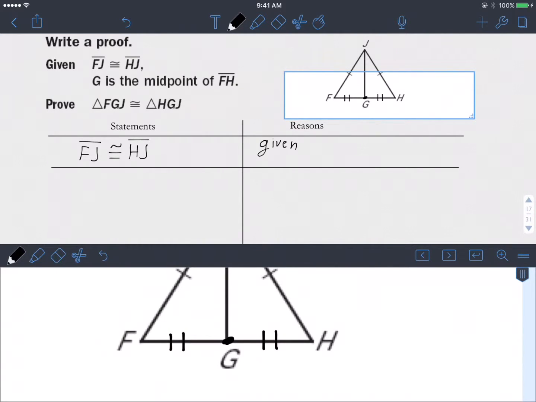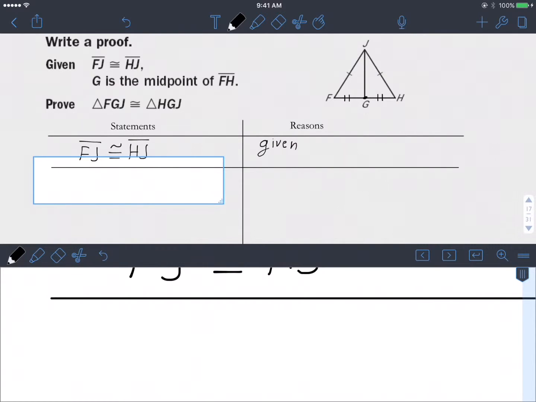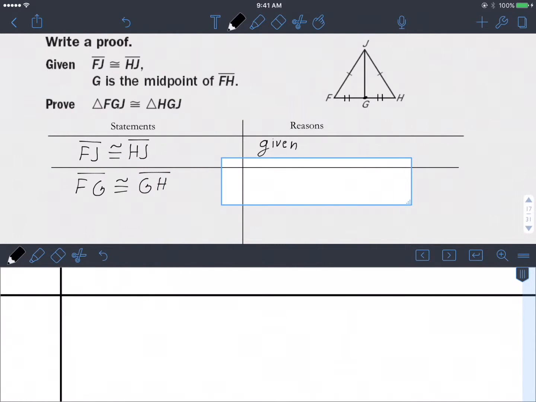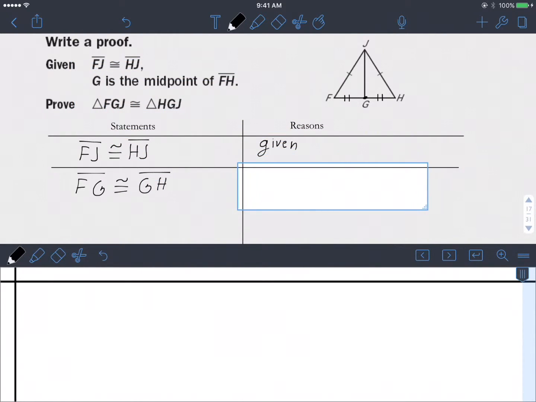Well, if we look at our tick marks, we have FG is congruent to GH. And that's because G is the midpoint.